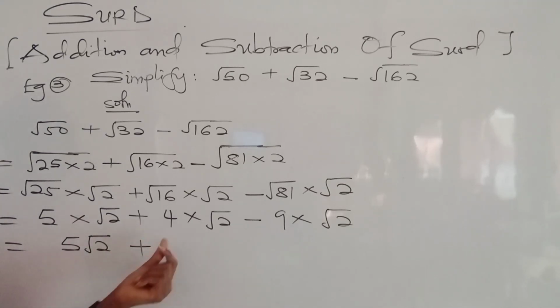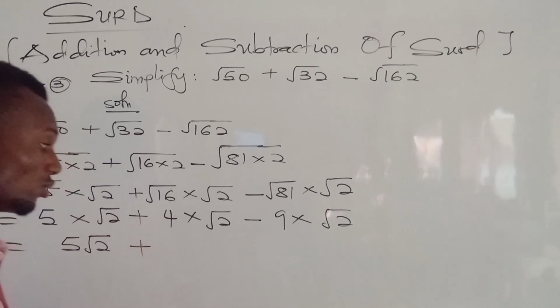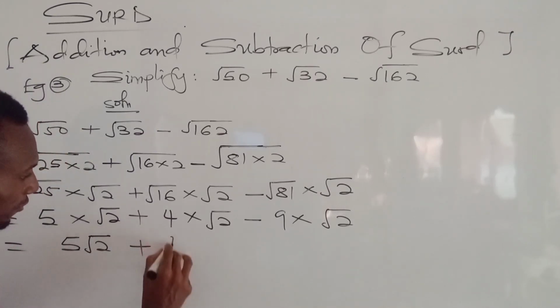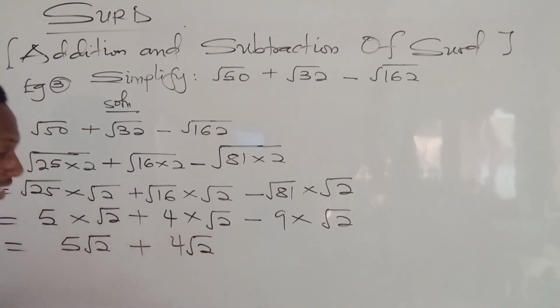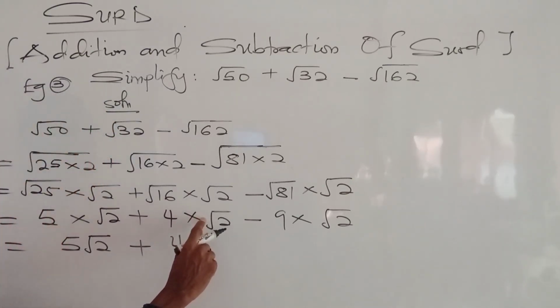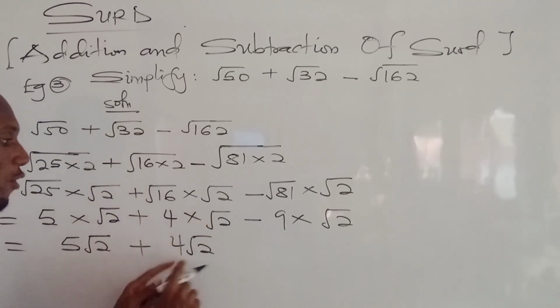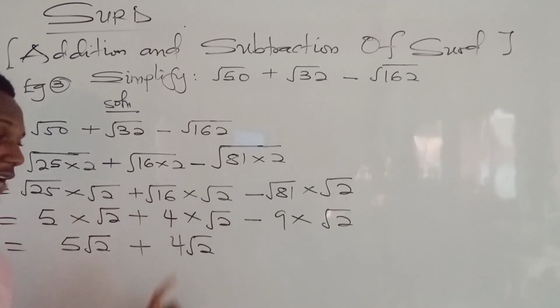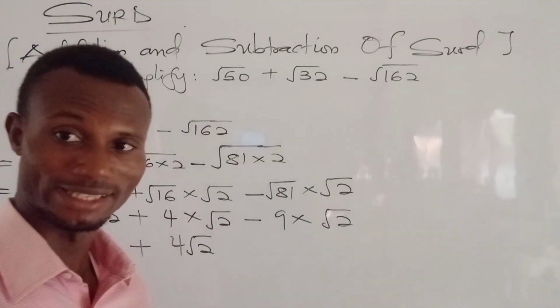It is plus. Now 4 times root 2. 4 times root 2 will give 4 root 2. As I've explained, the 4 multiplies the coefficient of this root 2, and the coefficient of this root 2 is 1. So 4 times 1, 4, and so it gives us 4 root 2. So 4 times root 2 gives 4 root 2. I hope the explanation is clear enough.